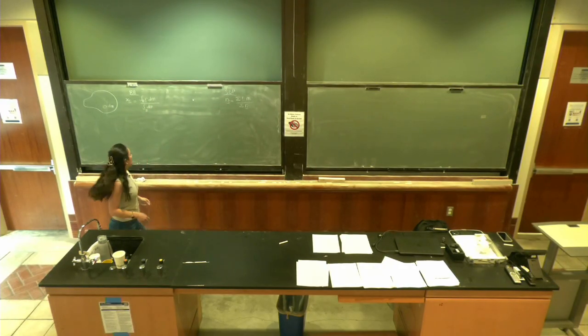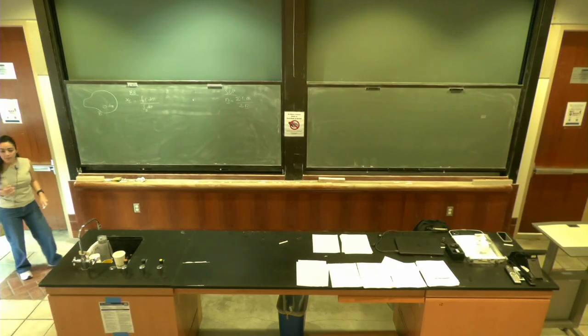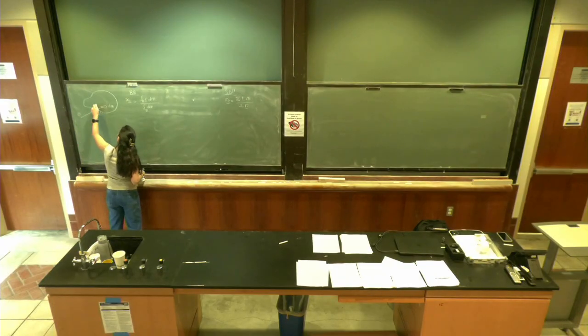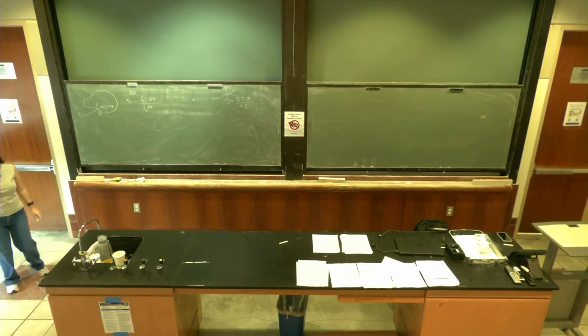So this is the whole body. It's composed of the differential masses dm. I have my origin here. Each differential mass dm has a position vector r.